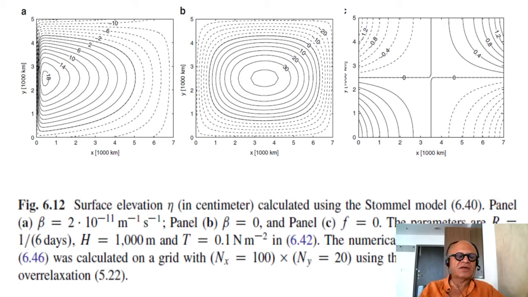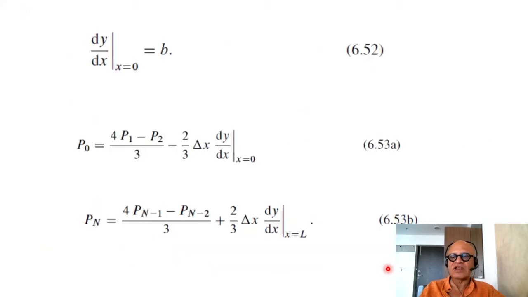Parameters are set at the decay time scale r equal to 6 days, h is 1,000 meters, a 1 kilometer deep basin, and wind stress amplitude is 0.1 newtons per meter squared. Numerical solutions of 6.45 and 6.46 were calculated on a grid with nx equal to 100 and ny equal to 20 using the method of successive over-relaxation.